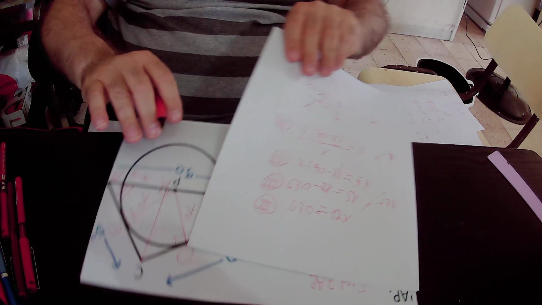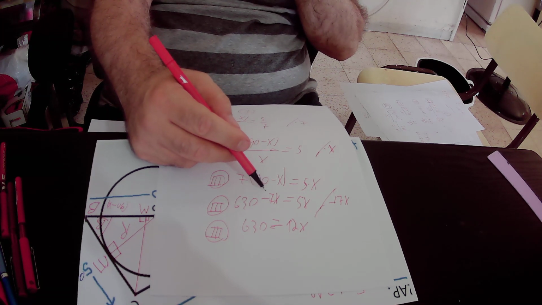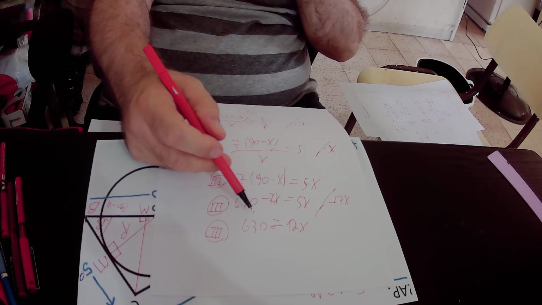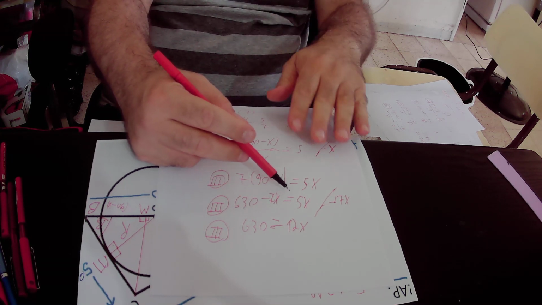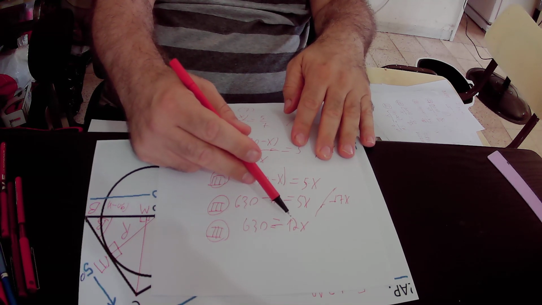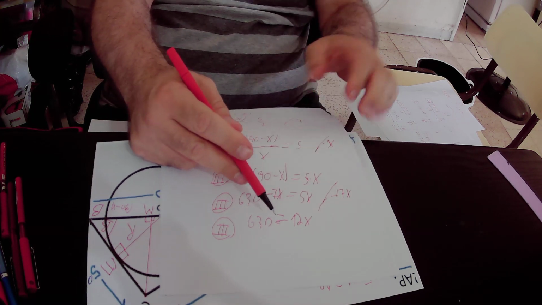I repeat, 630 minus 7x plus 7x equals 630, and 5x plus 7x equals 12x. Here we will divide both sides of the equation by 6.